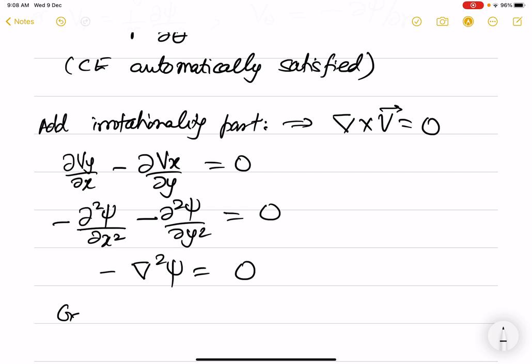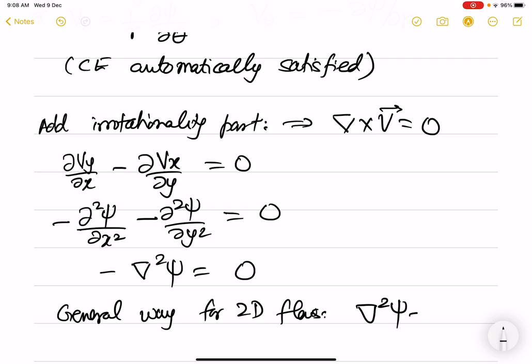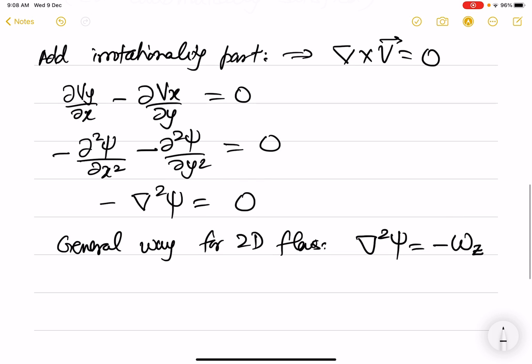Actually, in a general way, for 2D flows, you can see from here del square psi is equal to minus of omega z, where omega z is the z component of vorticity.